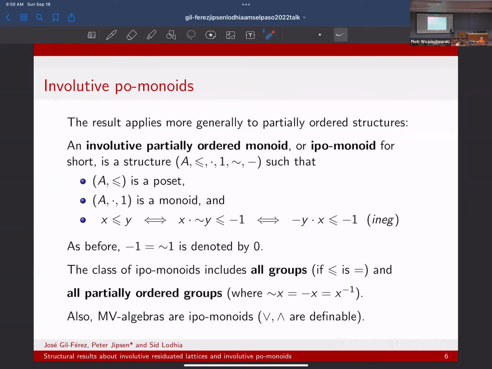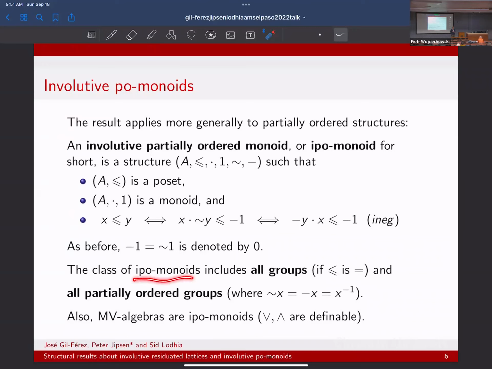We also have the notion of integrality here. In fact, the MV algebras as a class, you don't need the join in the definition. The join and meet in MV algebras are a consequence of something that looks like this. You just need to add another axiom that doesn't reference join or meet, which I haven't mentioned here.